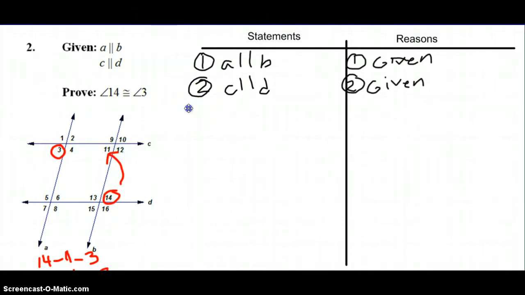My third step is I can say that angle 14 is congruent to angle 11. We know that those angles are congruent by the alternate interior angle theorem.